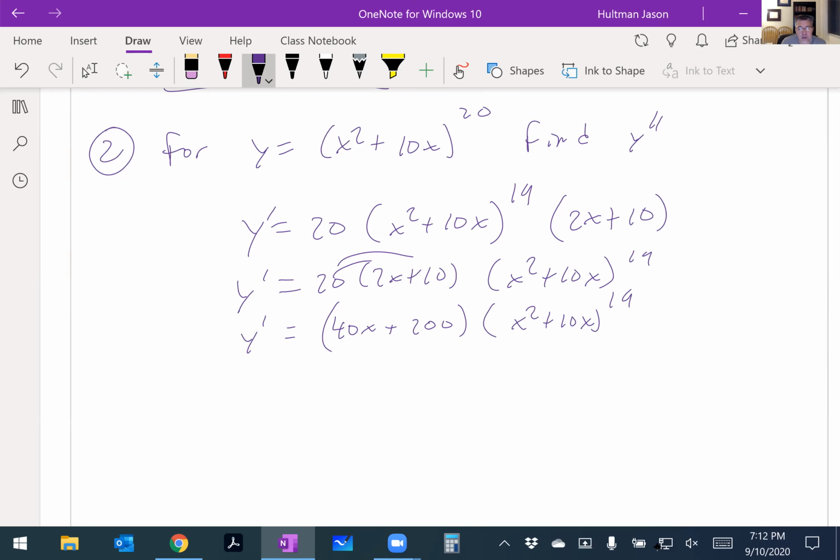Now I have to do the second derivative. So the second derivative is a product rule, because I've got two functions there. I've got my first function and my second function. So let's do the product rule for the second derivative.